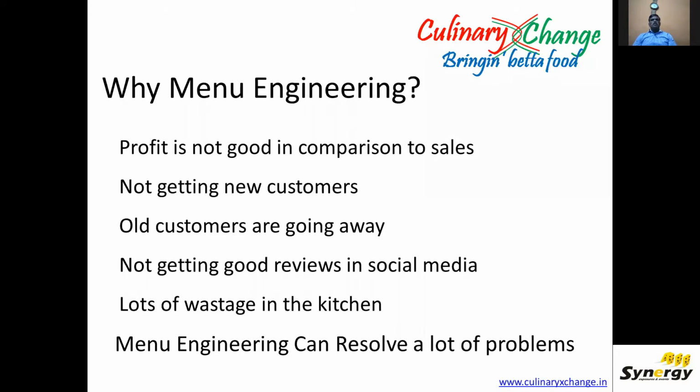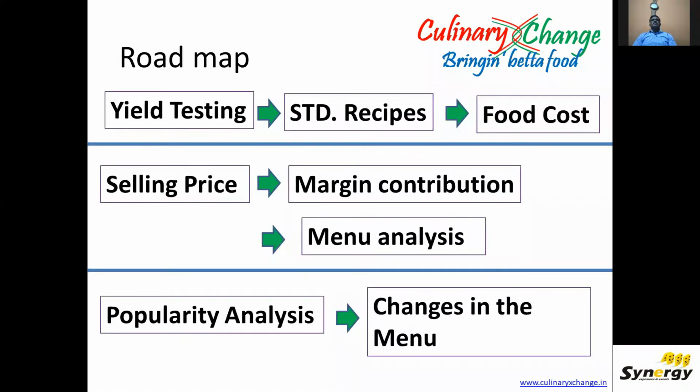To resolve all this, a proper menu engineering system may give you a lot of help with these major problems. Any menu engineering process, like any process, has the following steps.